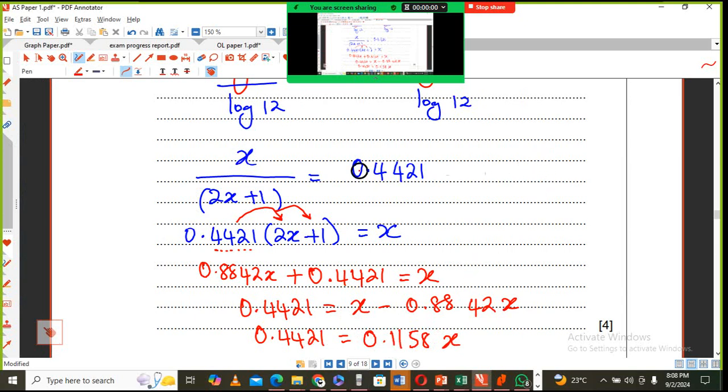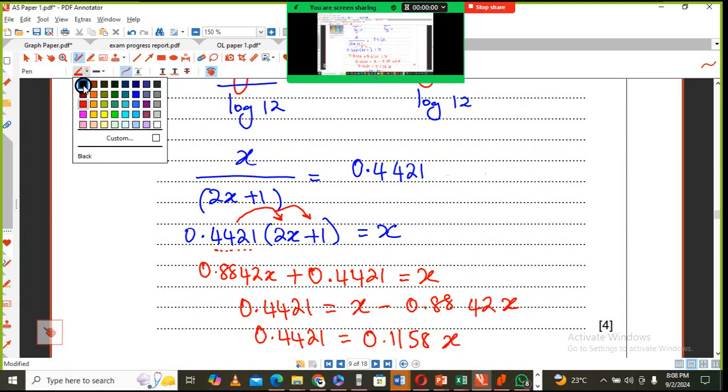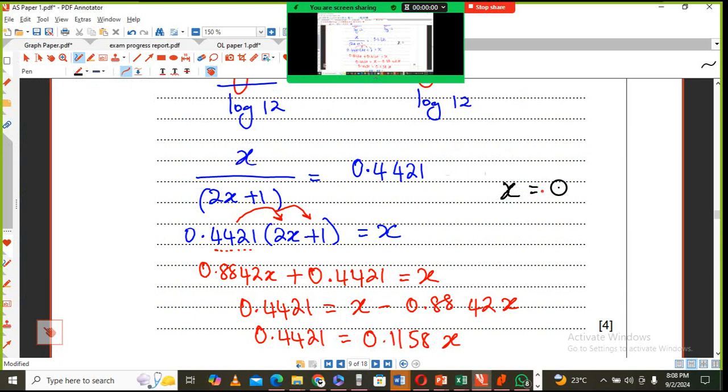Now, the value of x, I will say x equals 0.4421 divided by 0.1158. Check on the calculator what you get. 3.8177, so 3.82. That's correct.